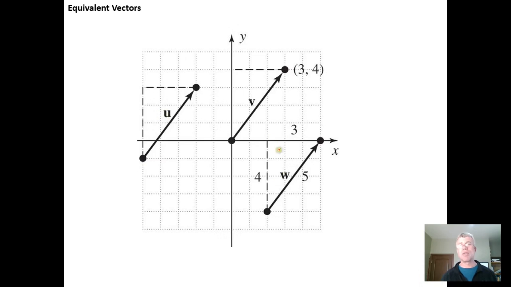There's a sense then in which these are the same vector. The vector v characterizes all possible vectors that we can draw anywhere in the xy plane with that length and that direction. So equivalent vectors, that's all it means. Same length, same direction, the vectors are equivalent. You just need a single vector to represent the set of all such vectors.